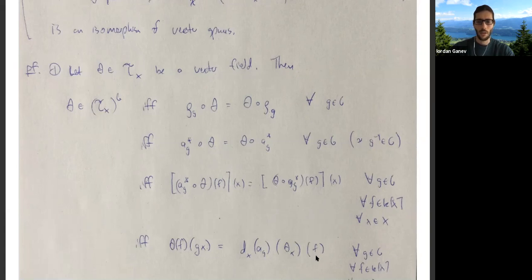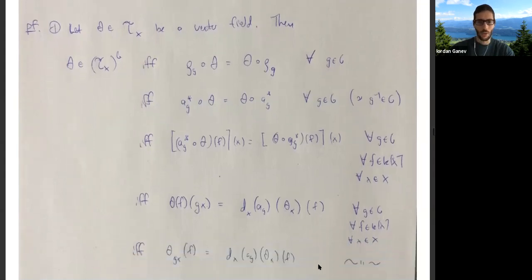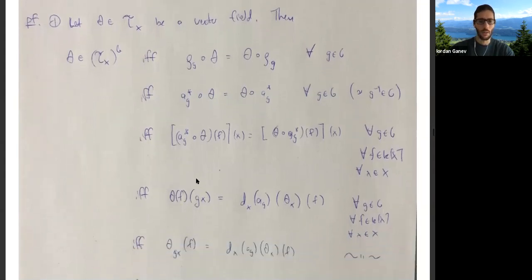The output is something in the tangent space of Gx. In particular, that's a derivation from k[X] to the field, so we can plug in f there. So this is just the vector field theta: we look at its value at the point Gx, and then we plug in f.